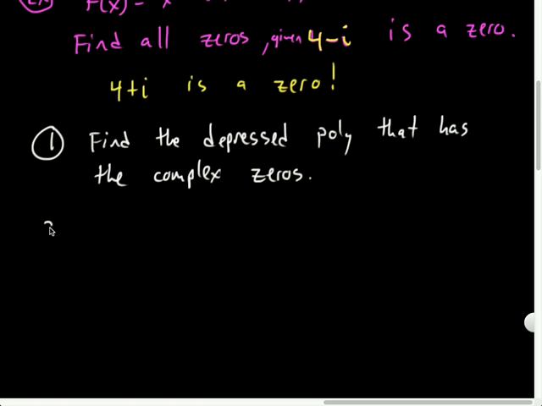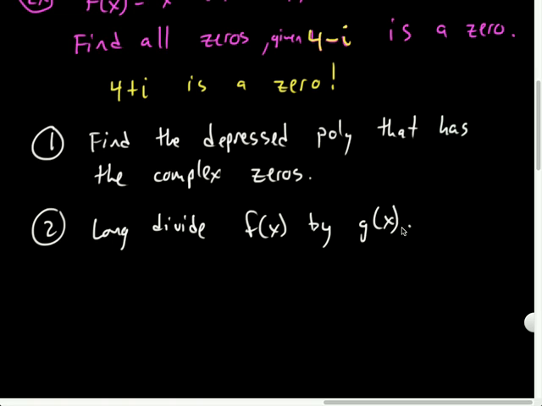Then step 2, I'm going to long divide the original polynomial by the depressed one. So I'll long divide f of x by g of x. Now g of x will contain these two zeros. The result is going to be another depressed polynomial that contains the zeros that I don't know of yet.